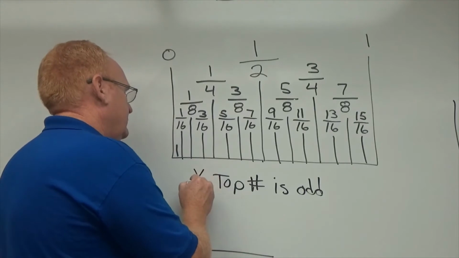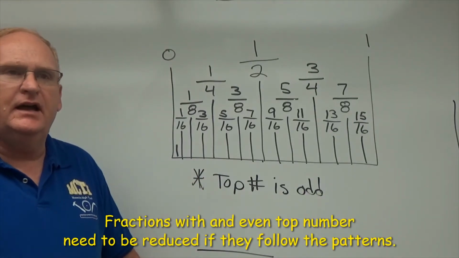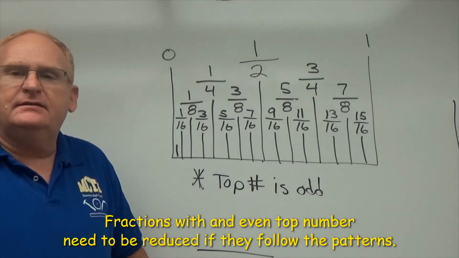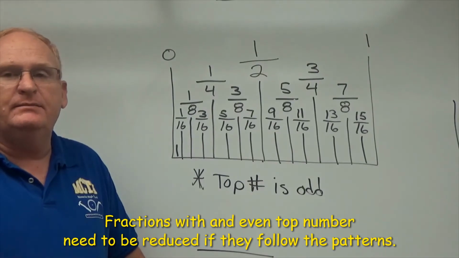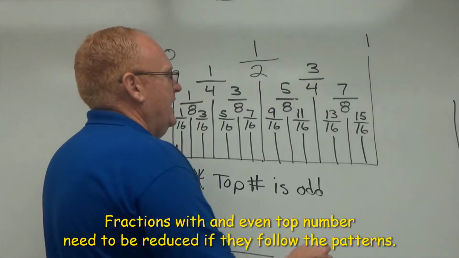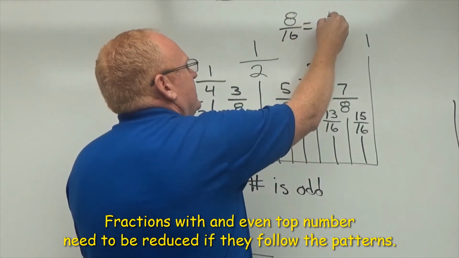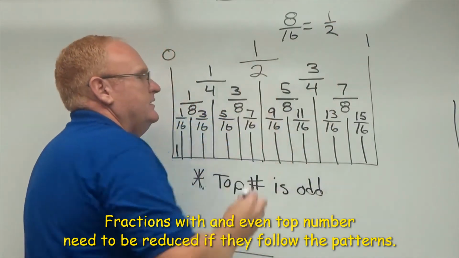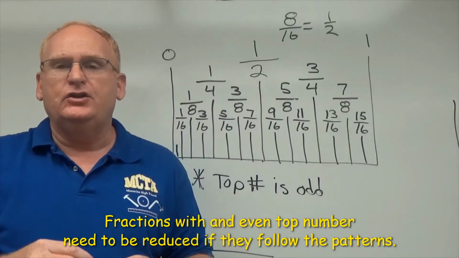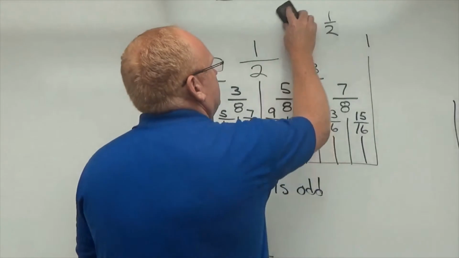Well, what happens if you have a top number that's even, like 8/16? Top number is 8, bottom number is 16. What can you do with that? Well, 8/16 reduces to 1/2, so it's right here. So if you have a fraction with an even top number, it usually can be reduced.